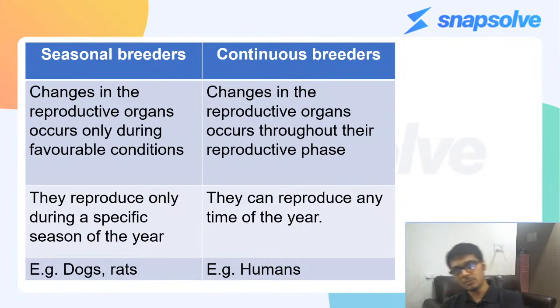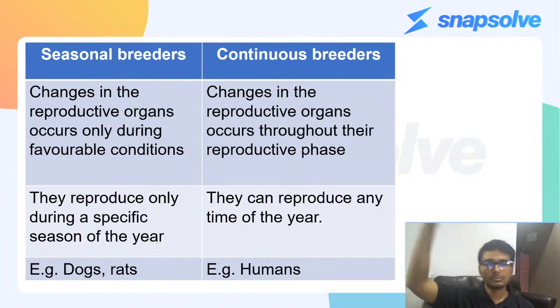But in continuous breeders, that change occurs throughout the reproductive phase. They can copulate anytime. Seasonal breeders have a breeding season. They have a specific time during which they have to reproduce. Continuous breeders don't have any particular time, so they are free to reproduce any month, any year, any time, any date.